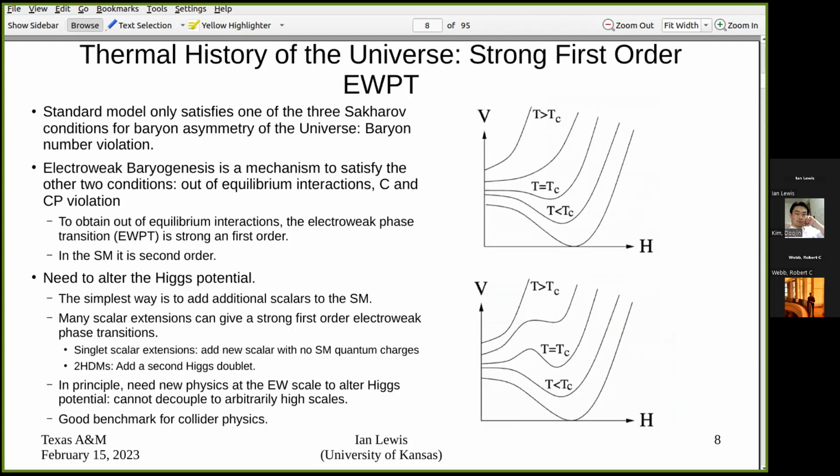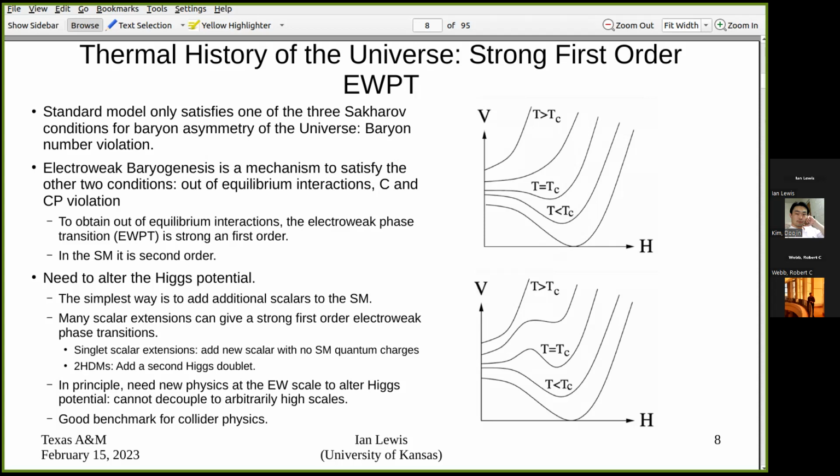So this is the crash course with a lot of words and then the take-home message at the end. Now, if I want to produce the matter-antimatter asymmetry of the universe, Sakharov tells us, at least in most models, I want to do three things. Obviously, I want baryons. I have to violate baryon number, otherwise I can't get more baryons than antibaryons. I have to violate it somehow.